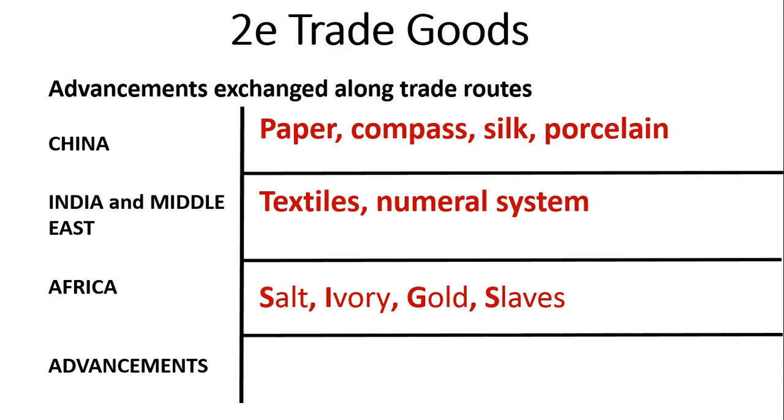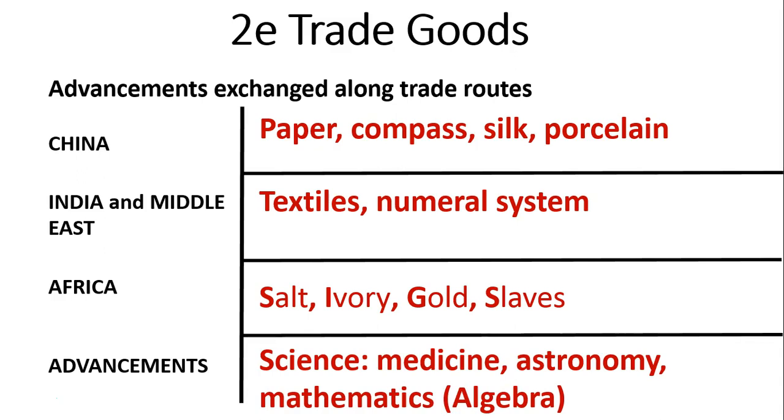Next, we have advancements, specifically scientific advancements. The science that was traded across all different trade routes include different medicinal or medicine techniques or different products that can be used for that, often some type of herb. Astronomy, which is, of course, the study of stars.